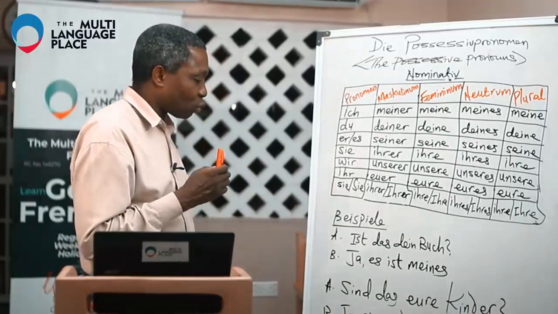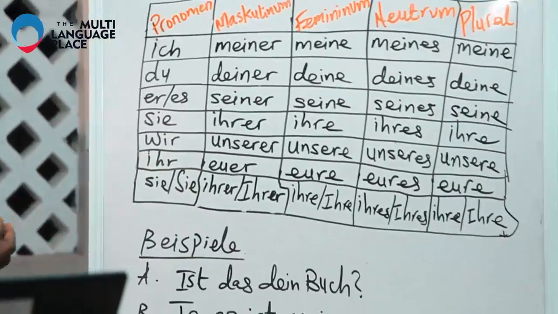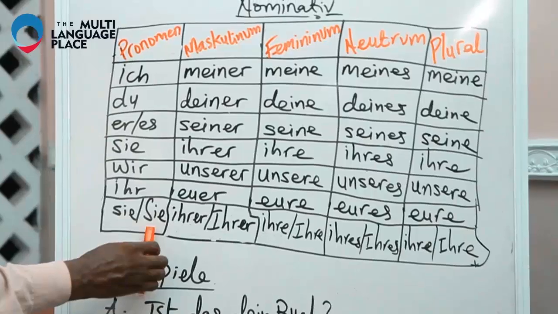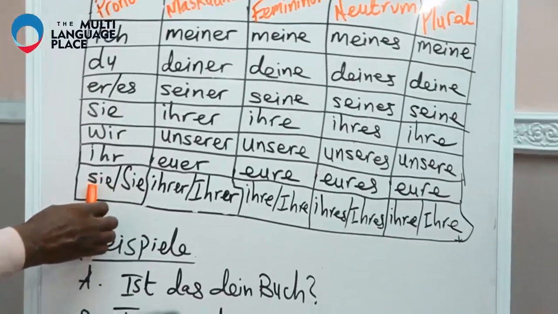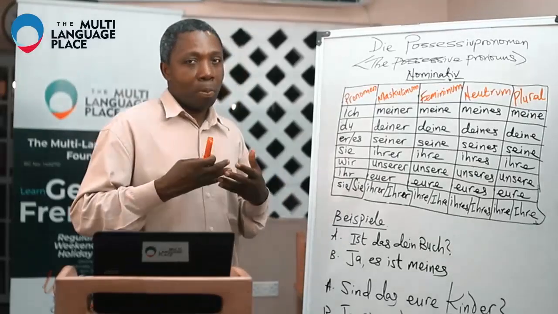Then we come to the last one. This we know already. They look alike, but this is the formal Sie, and this is the they, third person plural.